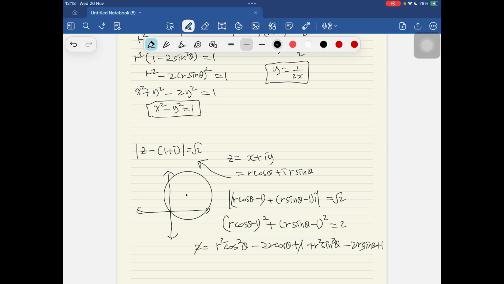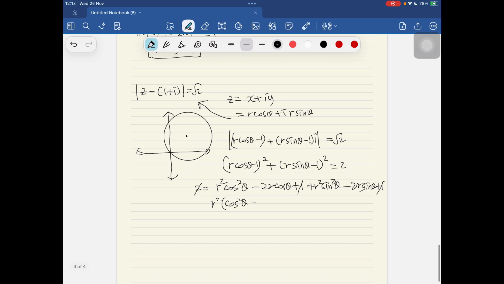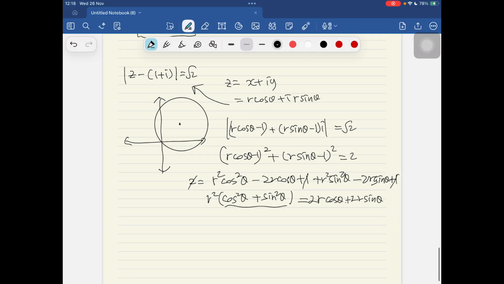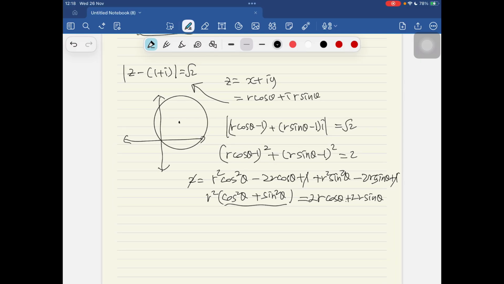And we don't have 2 anymore. And r squared times (cos squared plus sin squared) minus 2r cos theta minus 2r sine theta equals 0. Now this is the Pythagorean identity 1, so r squared minus 2r cos theta minus 2r sine theta equals 0.